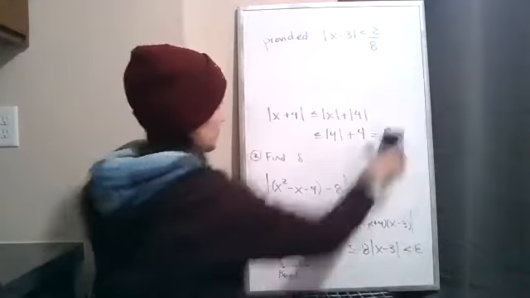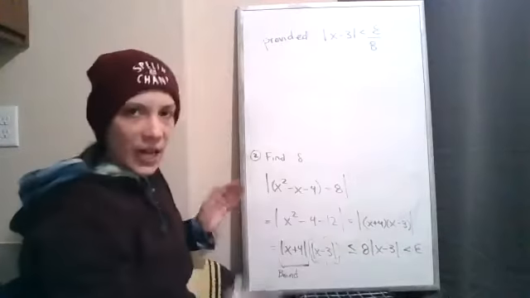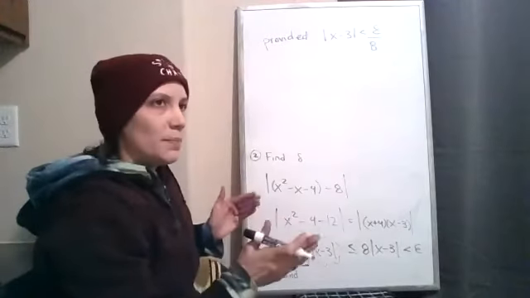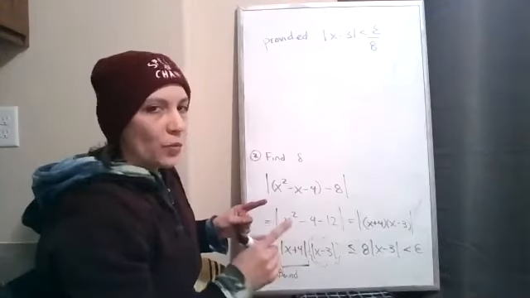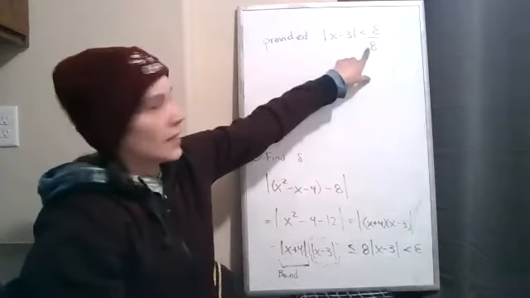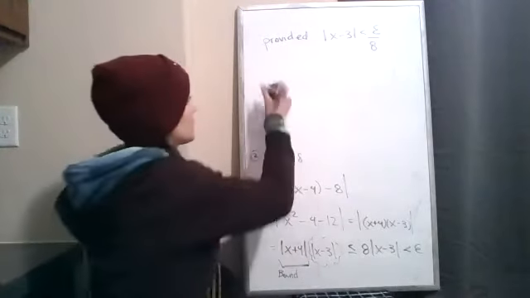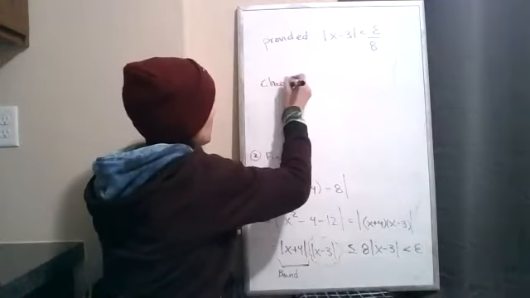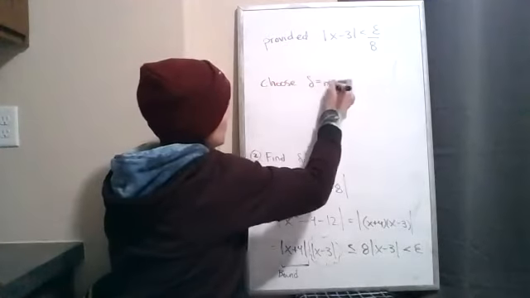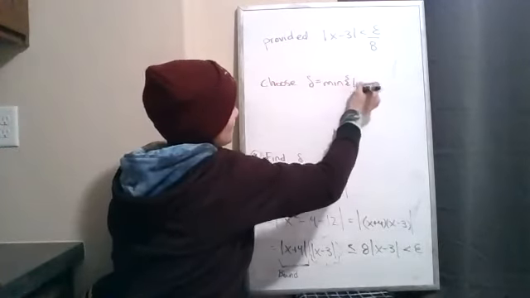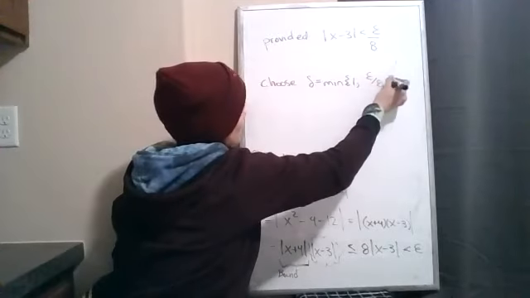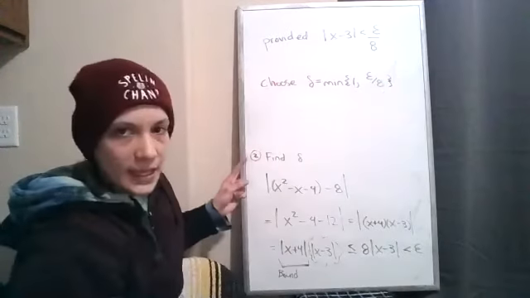That's it. And again, you had that possible delta of 1 or this guy, epsilon over 8. And then we can do a proof.